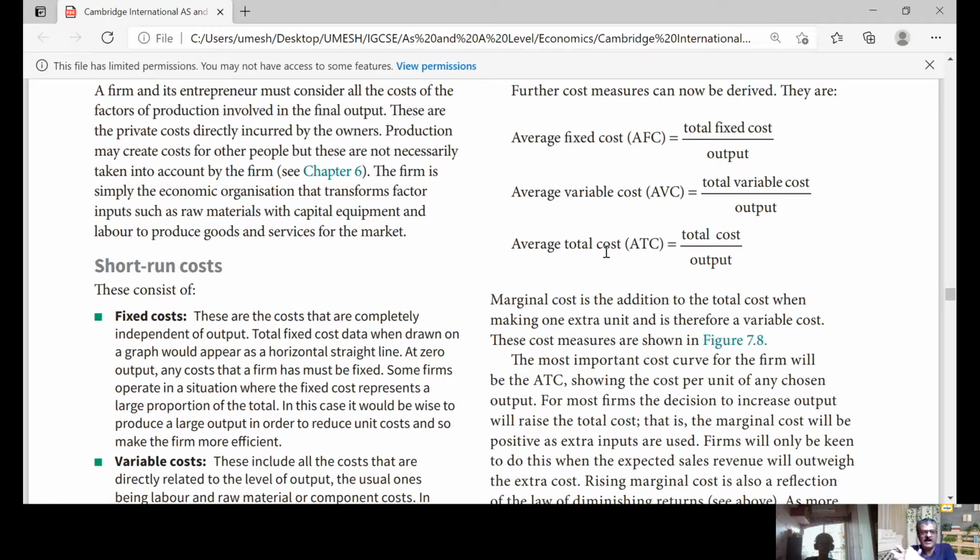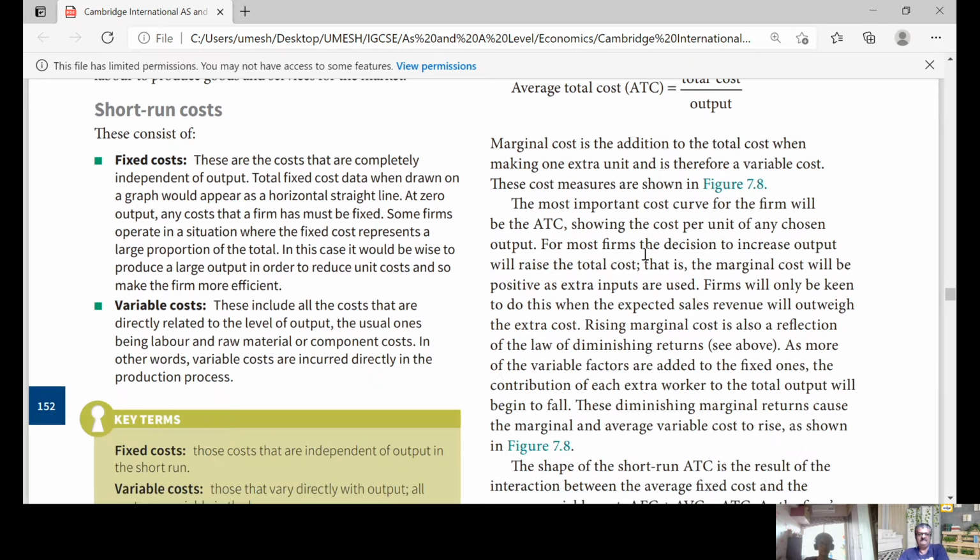Whatever average you want to find out, you have to divide by output. So total fixed cost divided by output is equal to average fixed cost. Total variable cost divided by output is the average variable cost. And total cost divided by output is average total cost. So you got AFC, AVC, and ATC. That is average cost. Okay.